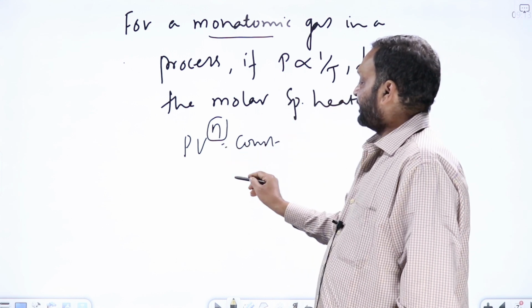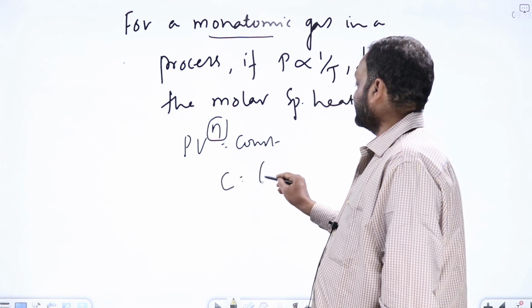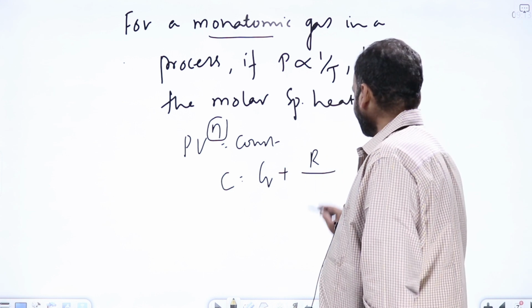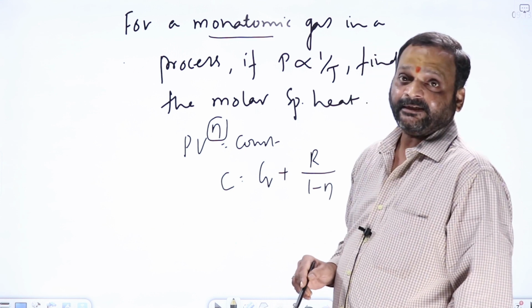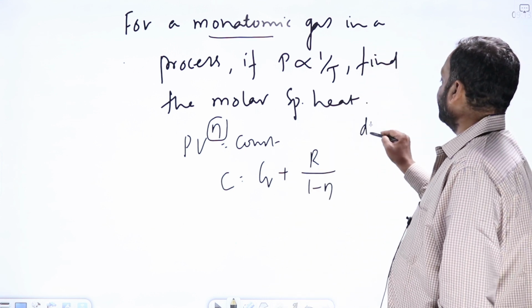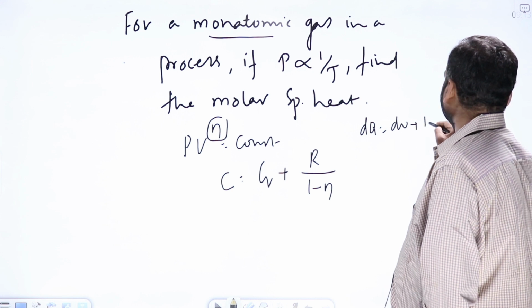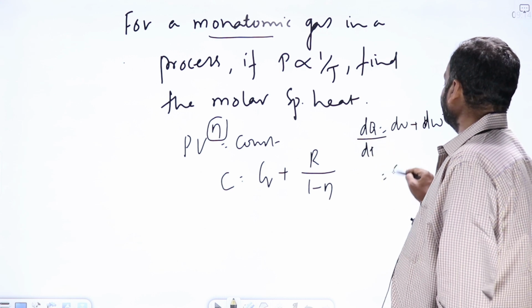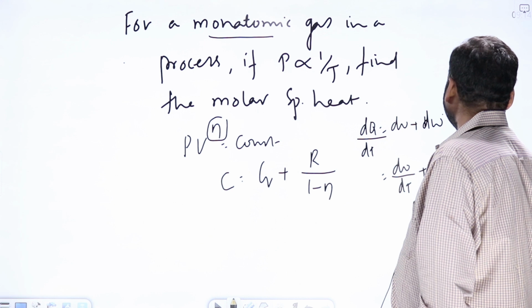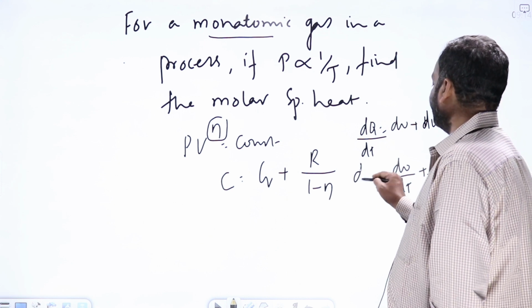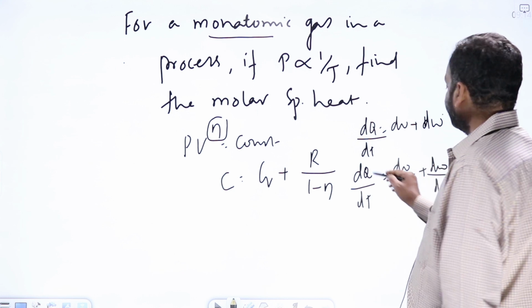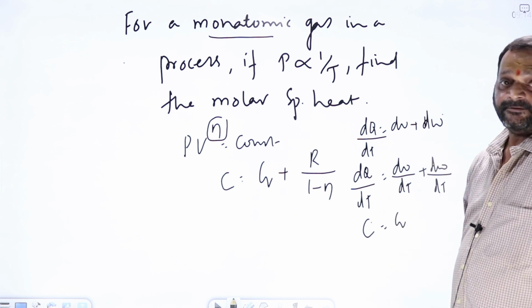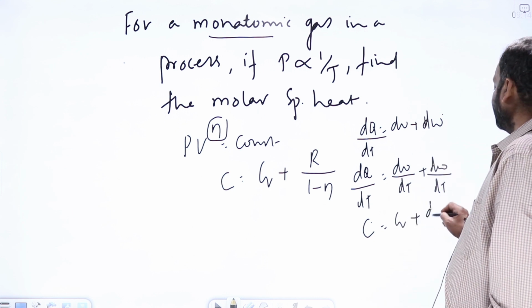In a polytropic process, the heat capacity C equal to, remember this formula, Cv plus R by 1 minus n. How did we get this one? In general, dQ equal to dU plus work done delta W. So dQ by dT is equal to dU by dT plus dW by dT. dQ by dT is nothing but heat given in that polytropic process, C. dU by dT is nothing but molar specific heat at constant volume Cv, plus dW by dT.